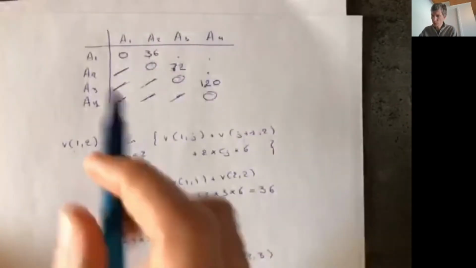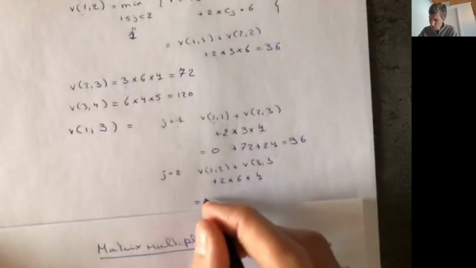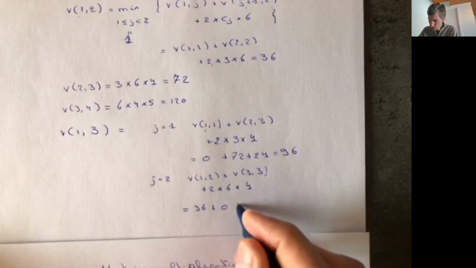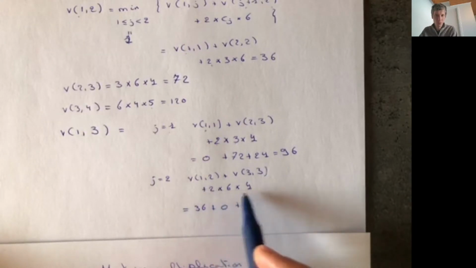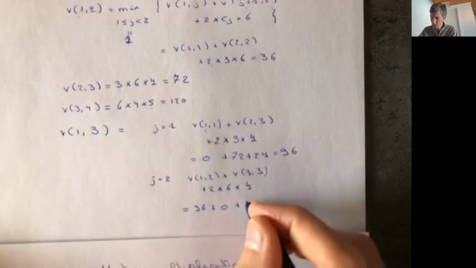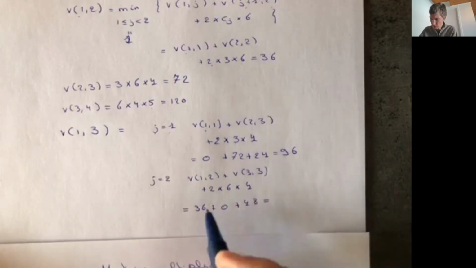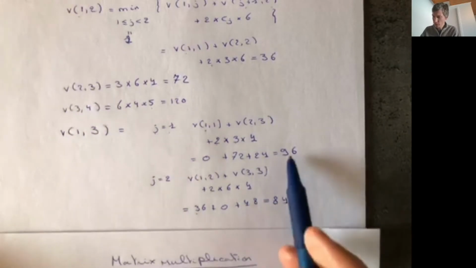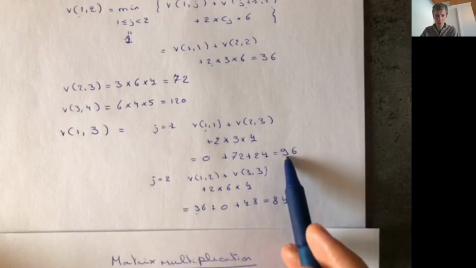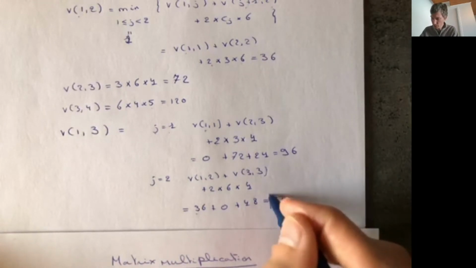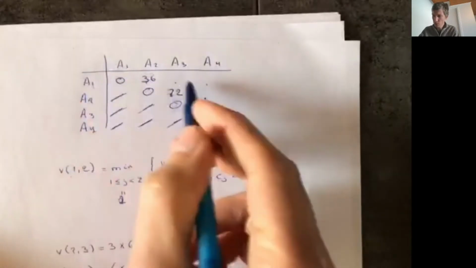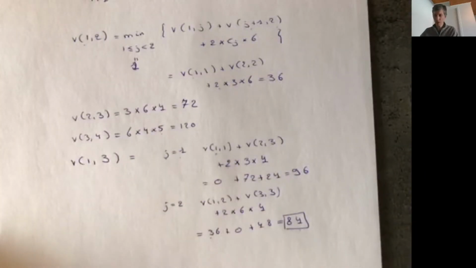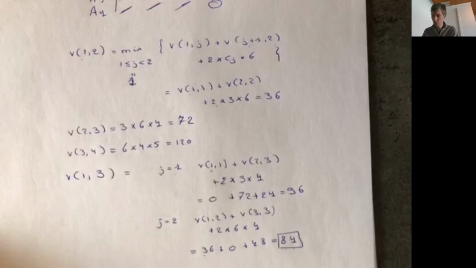V1,2 is 36, plus V3,3 is 0, plus here 2 times 6 times 4 is 12 times 4 is 48, and this is going to be 84. And you see that you have to take the minimum of these two, right? 96 or 84. Now 84 is smaller, so A1,3 is going to be equal to 84. So this is basically how these computations go.